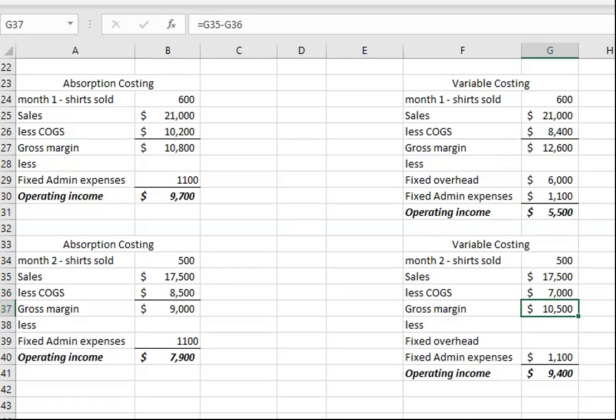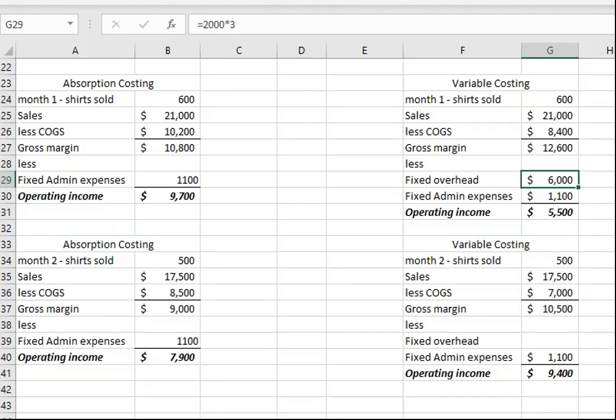And this month we had no fixed overhead, because we recognized it all the month before, and we had no additional expenses. And then our fixed admin expenses of $1,100. So this month we had operating income of $9,400. Now we had fewer shirts sold, but we had higher operating income. And that's because we recognized all the overhead in the one month.